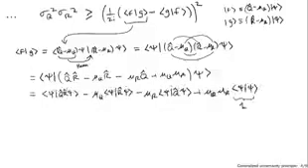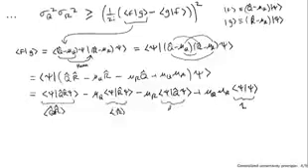And the rest of these things, these are expectation values. This is the expectation value of q hat r hat. This is the expectation value of r hat. This is the expectation value of q hat.